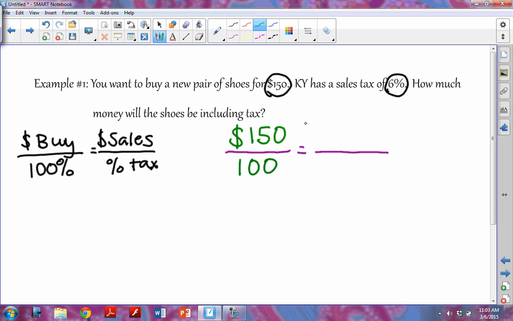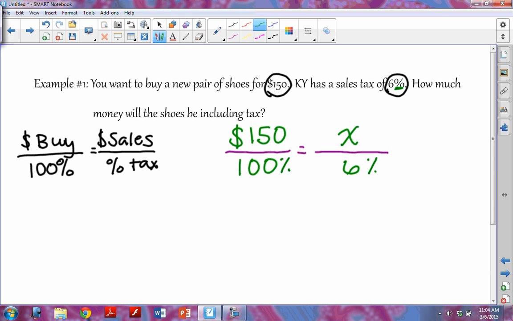The money and sales. I have the 6%, so since it's a percent, I know that it's going to go on the bottom. Another way to keep that straight is money always lines up on top, percents always line up on bottom. So I am trying to find out how much money I'm going to be paying in sales tax.